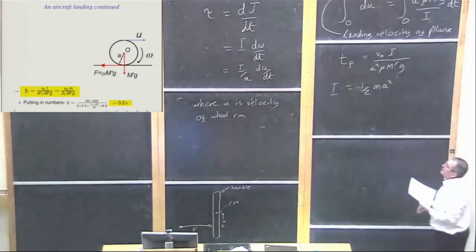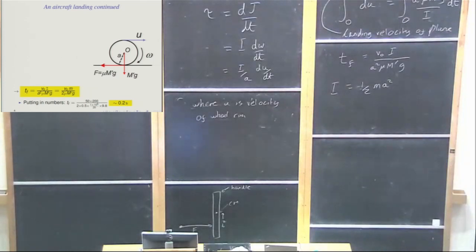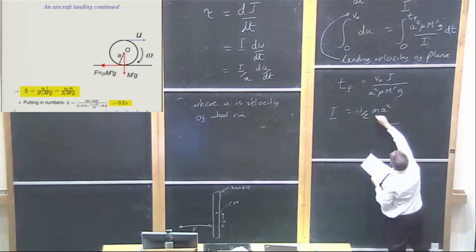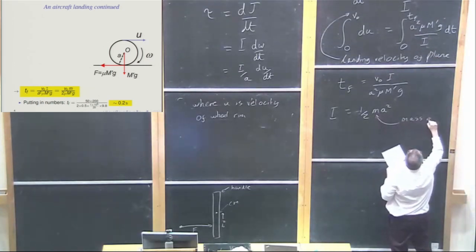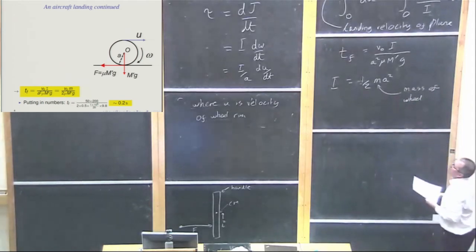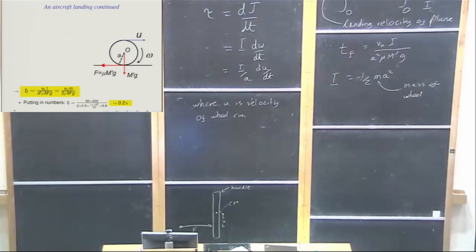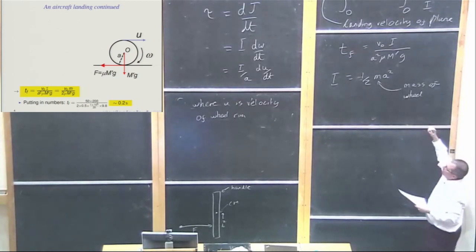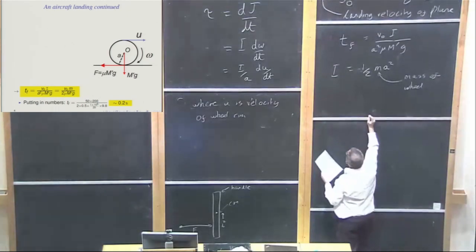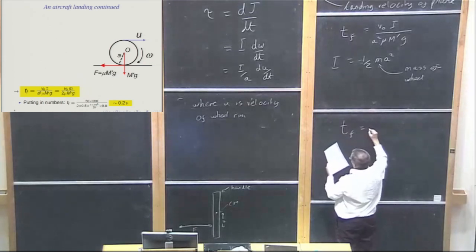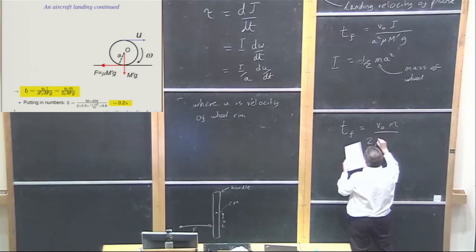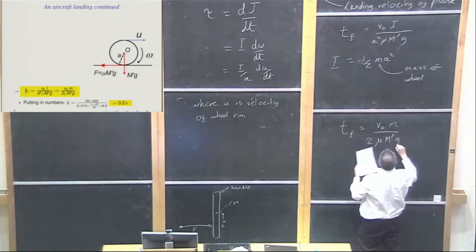So that's the moment of inertia of a disk, which we evaluated yesterday, and little m here is the mass of the wheel. That's different from m prime because the mass of the wheel is different from the total weight downwards. And so Tf is given by V0 little m over 2 mu m prime g.